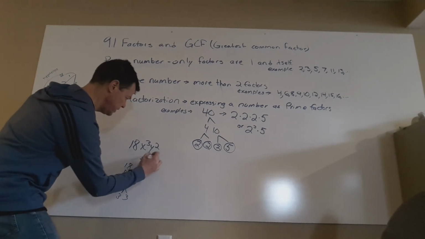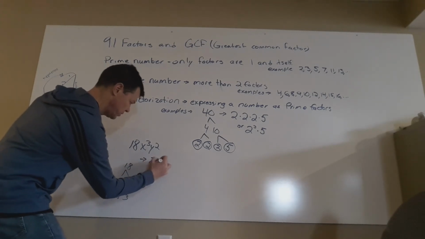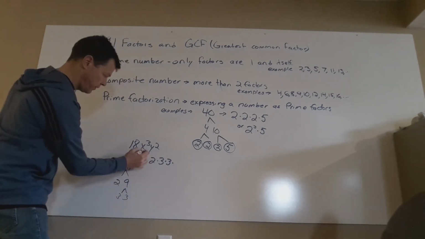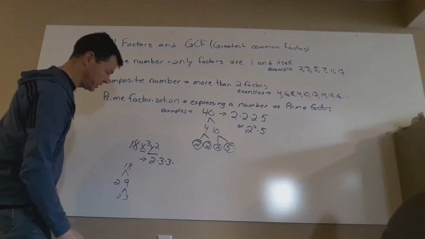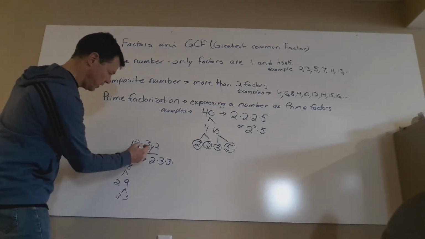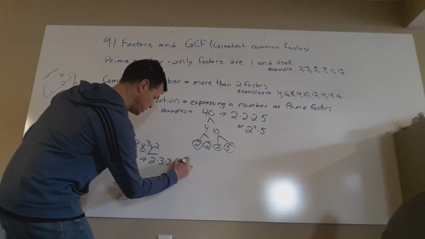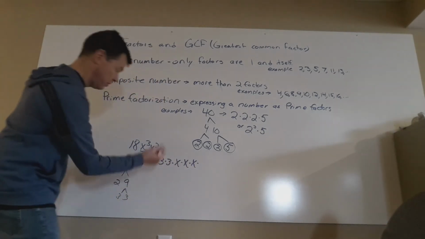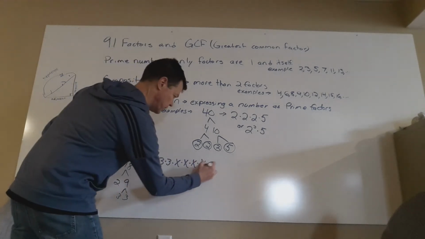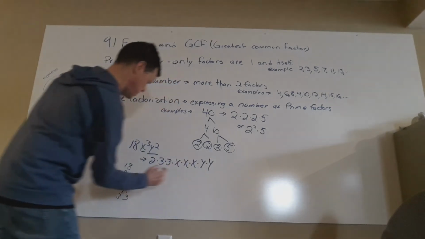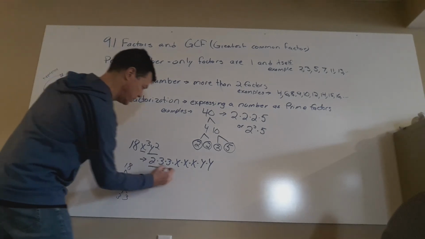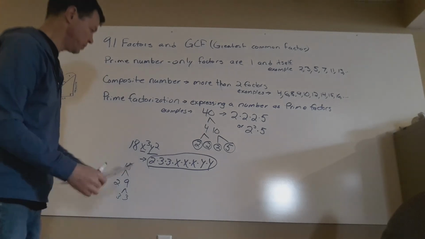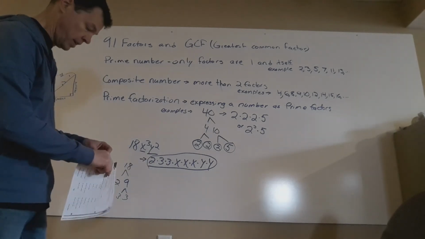So 18 gets written out as 2 times 3 times 3. And then variables and exponents are quite a bit easier. There shouldn't be much thought in those. You have x cubed, pretty much just means x times x times x. Y squared, y times y. All right, very simple. That is how 18x cubed y squared would be factored completely.